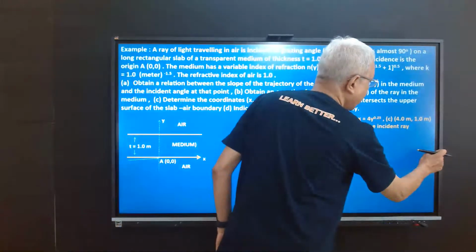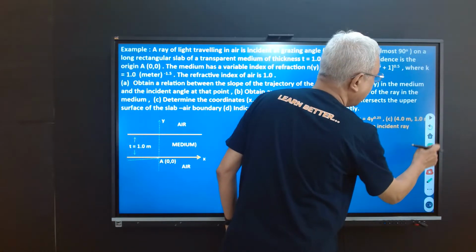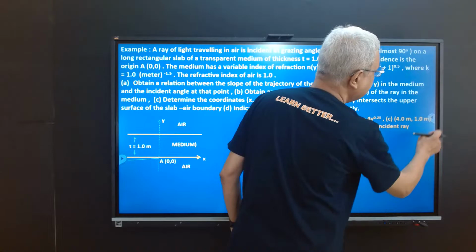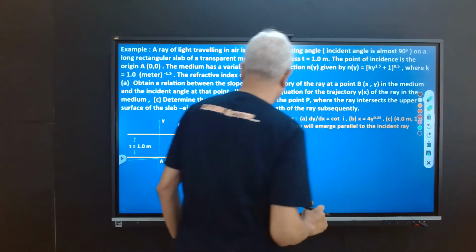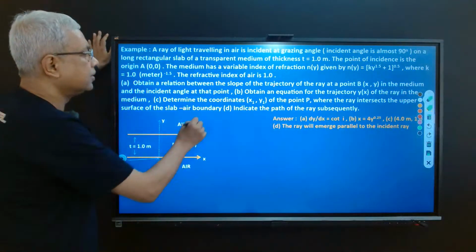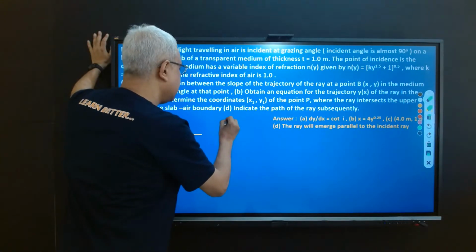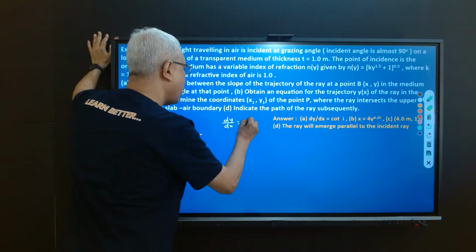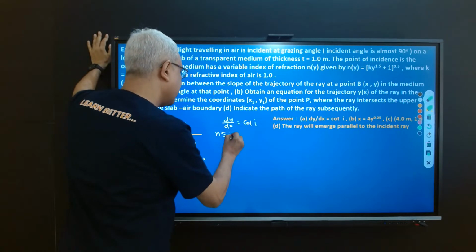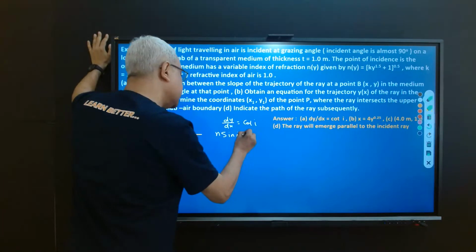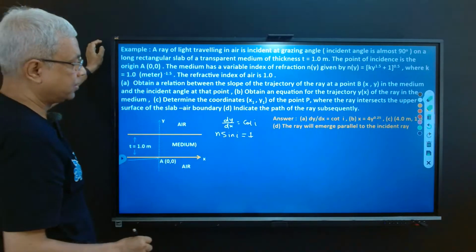Now let us see what happens. So far we have seen that this relation we have already obtained, dy dx equal to cot of I, and n sin I is equal to unity for this particular problem.